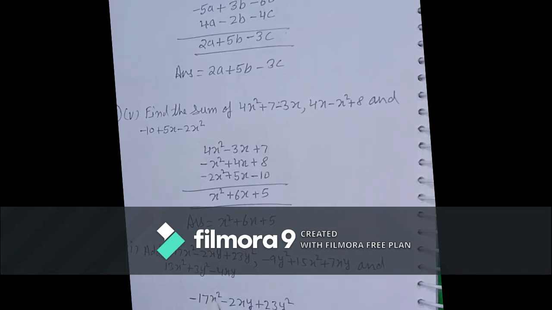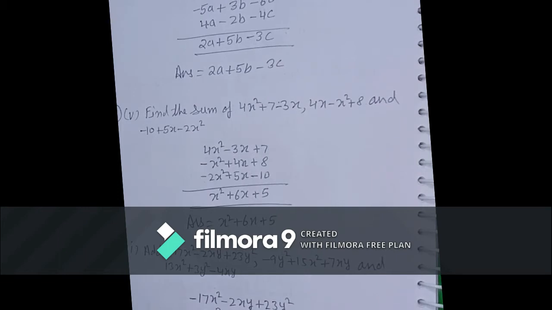First, we have minus 17x square, plus 15x square, 13x square. These are the two positive terms. 15 plus 13 gives 28. 28 minus 17x square gives 11x square. Minus 2xy minus 4xy gives minus 6xy.